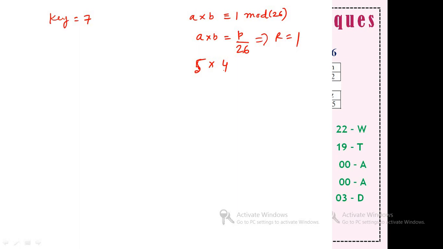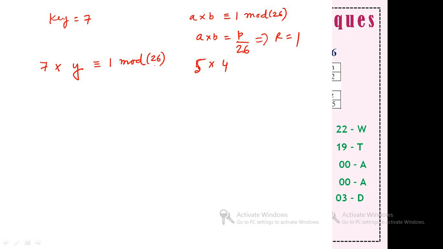So in this case, we have 7 over here. So 7 multiplied by some value, I would say y, just for our understanding, should be equal to 1 mod 26. That's the way we are representing it.